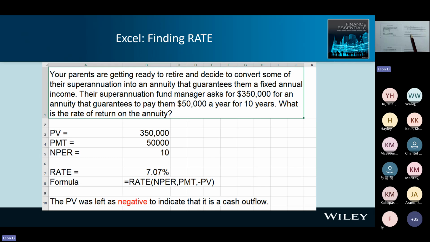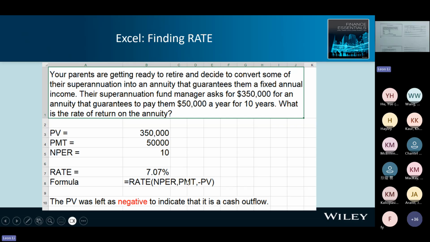Now we want to find the I variable, the interest rate. After we have the timeline, we use the RATE formula in Excel. The number is 7.07%. Again, I like to highlight the negative sign before the PV.